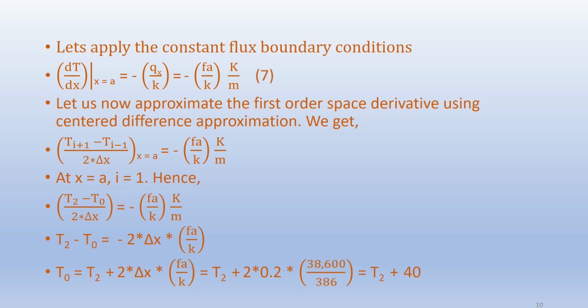We then get (T_{i+1} minus T_{i-1}) by 2 times delta x at x equals a equals negative of Fa by K. At x equals a, i equals 1. Hence (T2 minus T0) by 2 times delta x equals negative of Fa by K. From this we can solve for the temperature at the hypothetical node T0, which is equal to T2 plus 40.